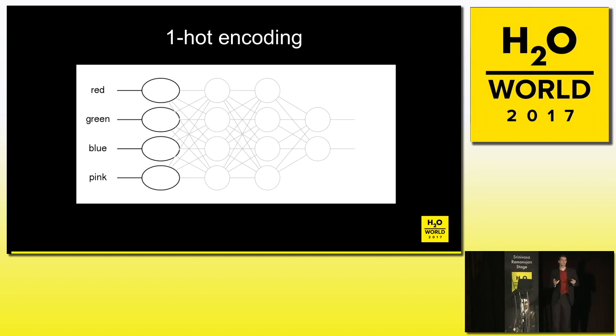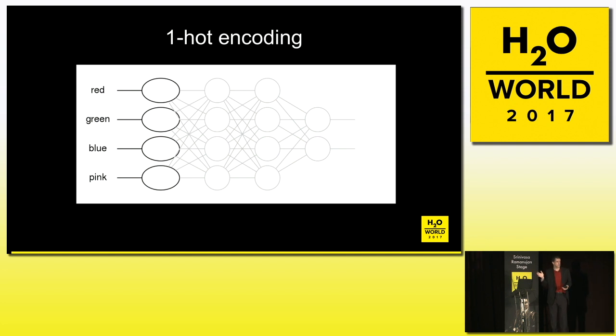I mentioned earlier, categorical data is not just a simple input. It's not a number. You can't feed it directly into a deep learning network. Now, I'm just using red, green, blue, pink as an example of a categorical column with 4 possible values.